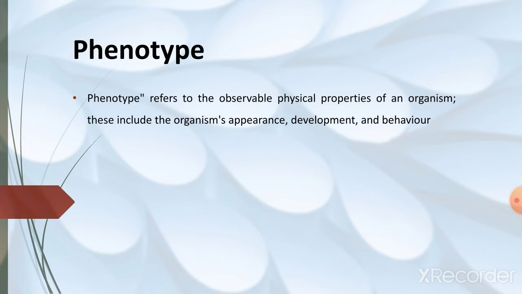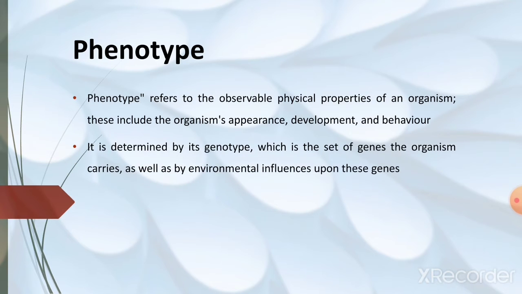An organism's phenotype, meaning its physical characters or its appearance, is determined by its genotype or its genetic makeup, which is the set of genes the organism carries, as well as by environmental influences upon these genes.